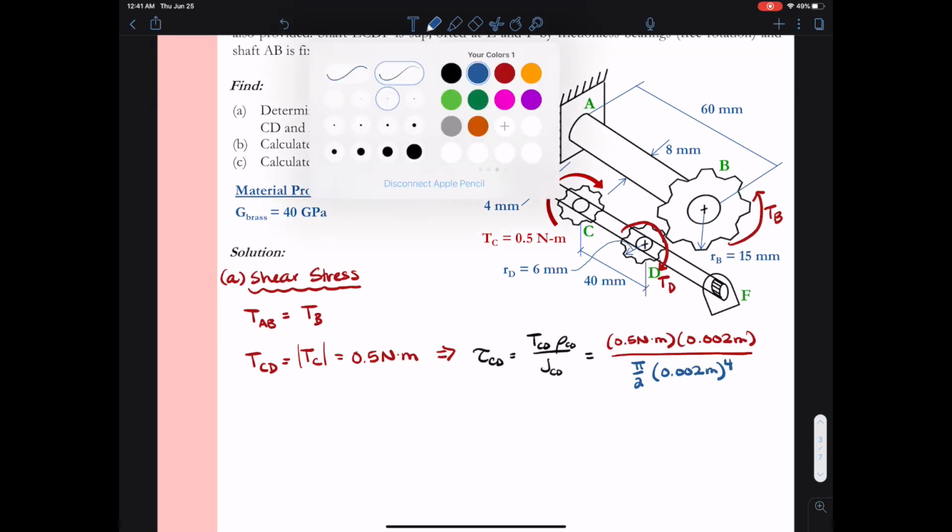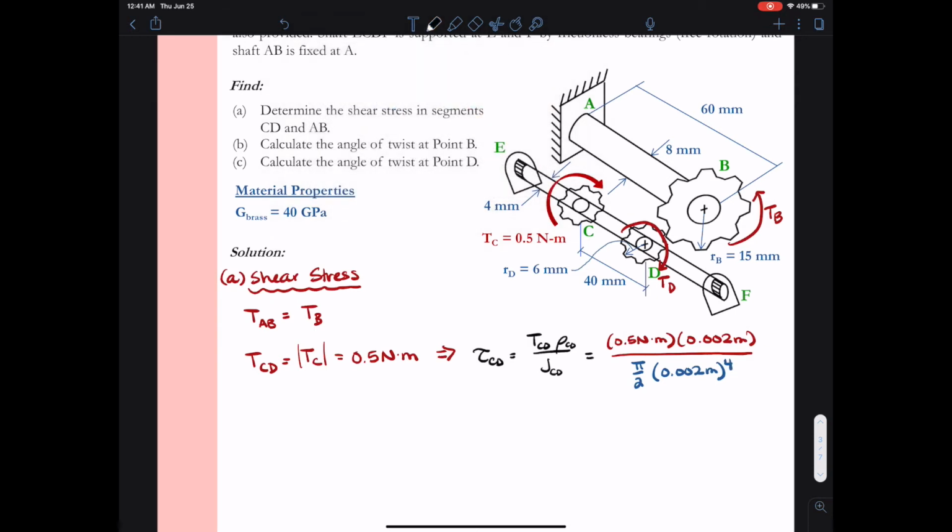We're given that the diameter of rod ECDF is 4 millimeters, so the radius is 0.002 meters, or 2 millimeters. And then J is pi over 2 times the outer radius to the fourth minus the inner radius to the fourth. But since these are solid gear shafts, we just have the outer radius to the fourth. We do our math, and we get that the shear strength along segment CD is 39.789 megapascals.